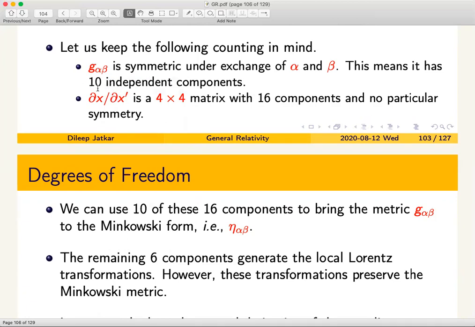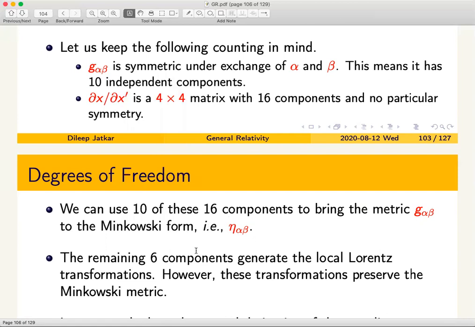So for example, you can set 6 out of these 10 to 0, and the remaining 4 of them you can just bring to the form -1 1 1 1, which is what the eta alpha beta metric is. So you need only 10 out of these 16 components that del x by del x prime has.